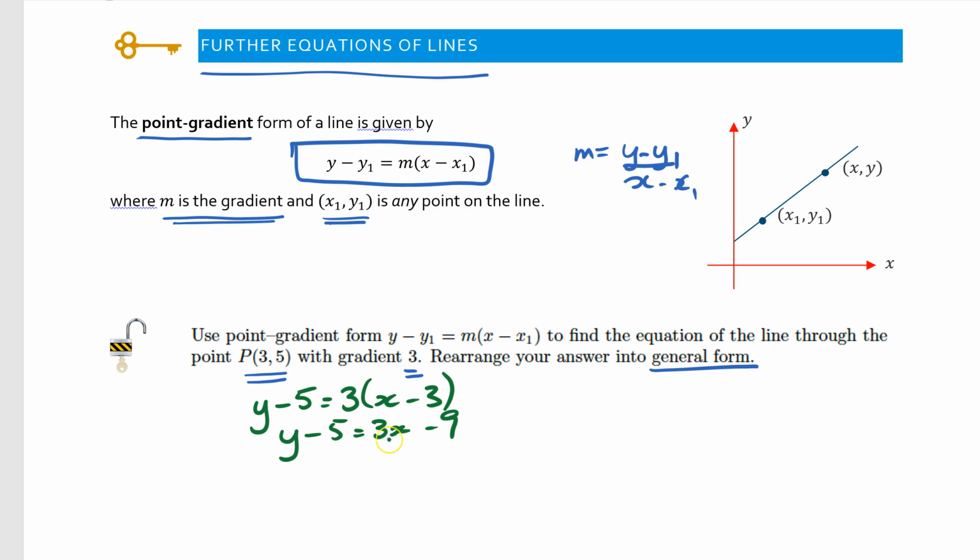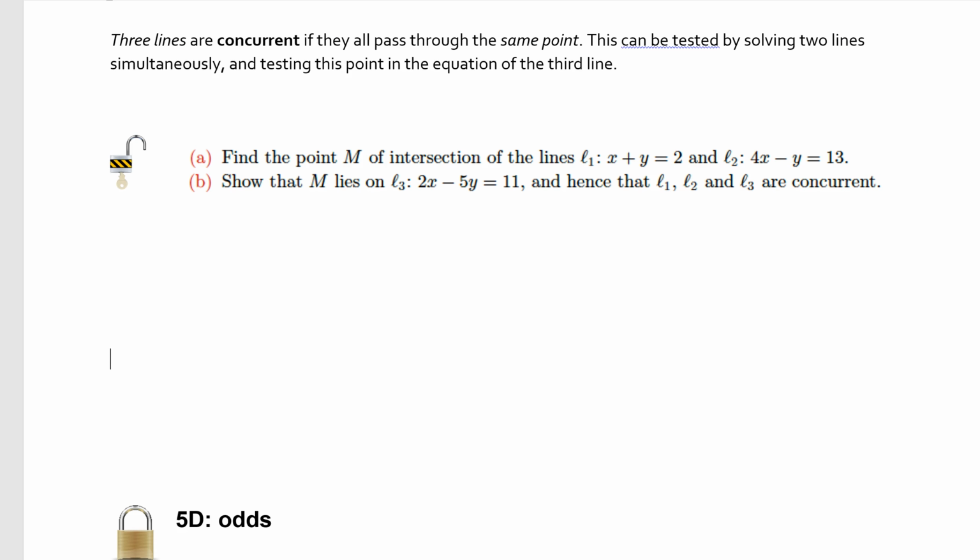Put it into general form, so we need the x coefficient to be positive, so this y will have to come across, that 5 will have to come across and be added, and that's our equation. Again, this is another part where the amount of space devoted to this is not indicative of the importance of the concept.